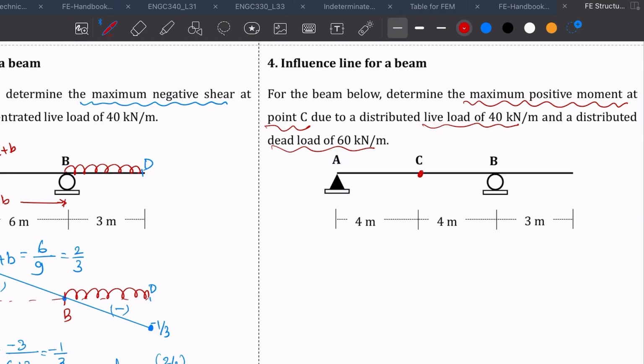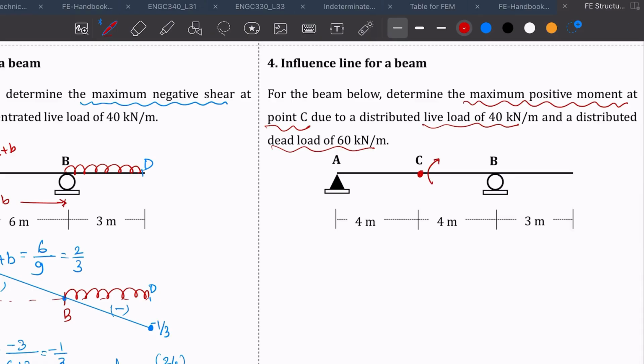Remember that dead load is a permanent load, so that means that load has to be applied all over the section of the beam, not just a positive or negative part. Live load, yes, you can put only in a section that you are interested in, but dead load has to be all over the section.